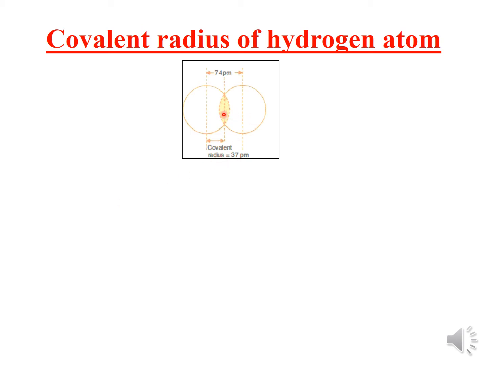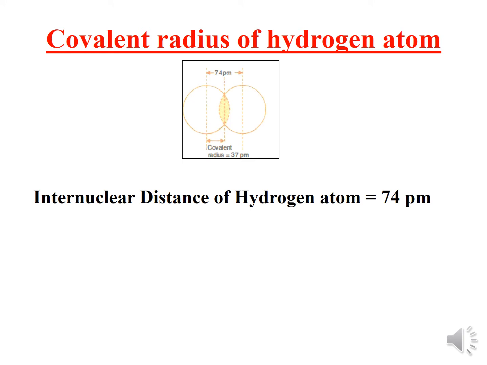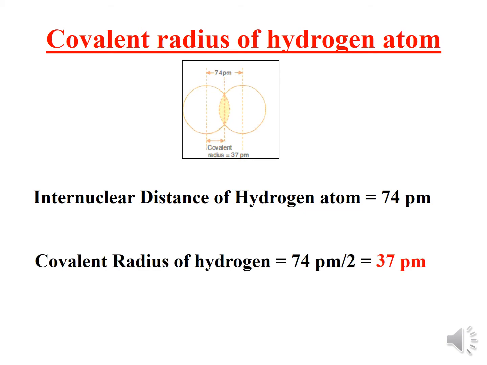Here the internuclear distance or bond length is 74 picometer. As we know, covalent radius is one half of the internuclear distance, so it is 74 divided by 2, that is 37 picometer. So the covalent radius of a hydrogen atom is 37 picometer.